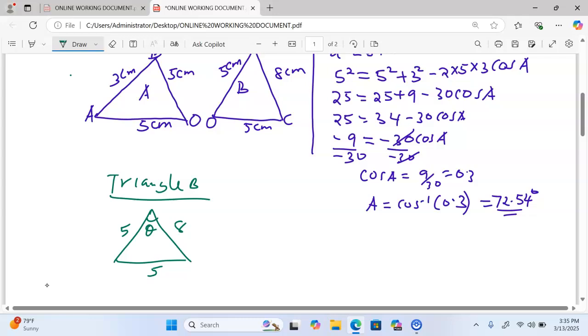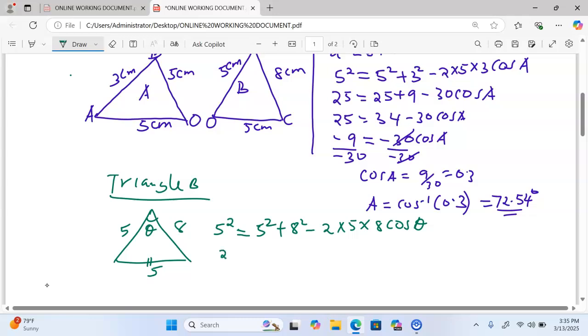Since we need this angle, we are going to use this opposite side here. And therefore, we are going to say this side squared, which is 5 squared, will be equivalent to the other two sides squared, which is 5 squared plus 8 squared, minus twice the two sides, which is 5 and 8. Then, of course, cos angle theta.